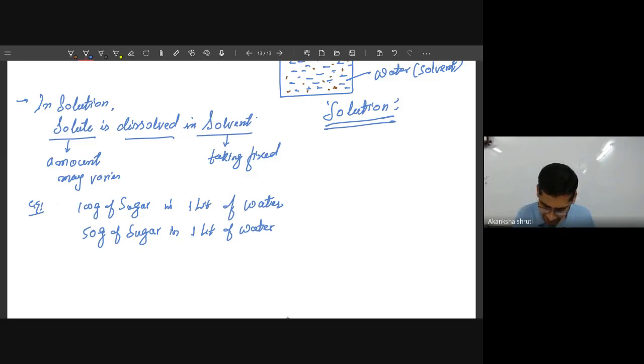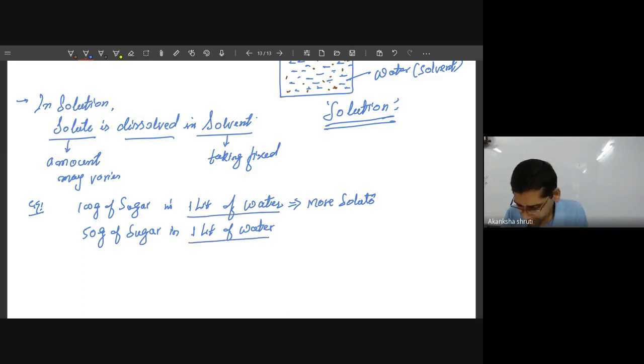In this case, what are we getting? This one contains more solute in the same amount of solvent, and this one contains a lesser amount of solute.